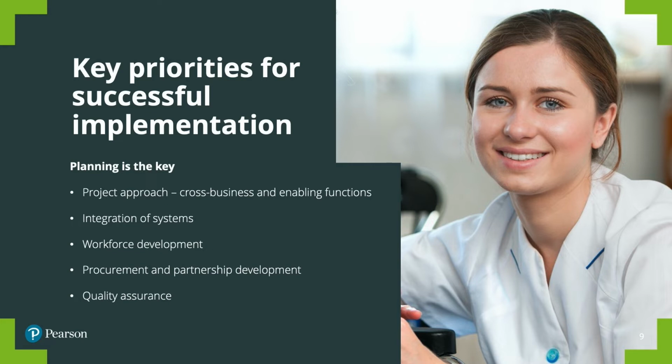Make sure that you've got a very robust and solid procurement process for your partners. There's a lot of organisations out there, and you can see that from the number that have registered on the ROAPP system.